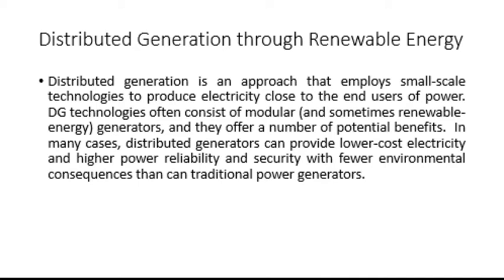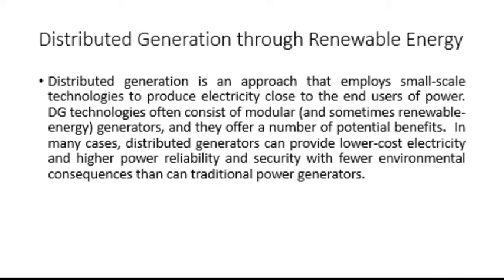But we will be considering distributed generation only through renewable energy generators, and they offer a number of potential benefits. In many cases, distributed generators can provide lower cost of electricity, higher power reliability and security, with fewer environmental consequences than we can achieve through traditional power generators.